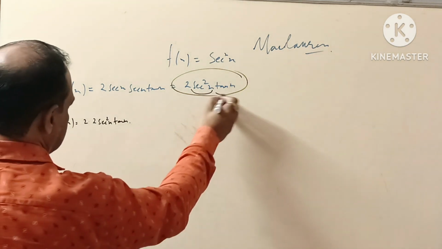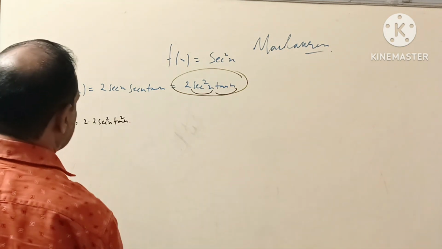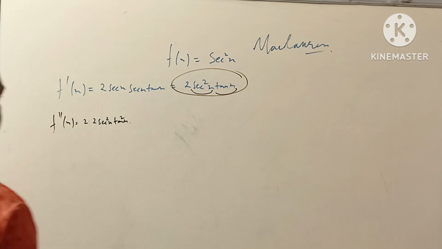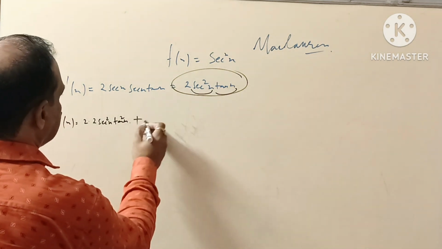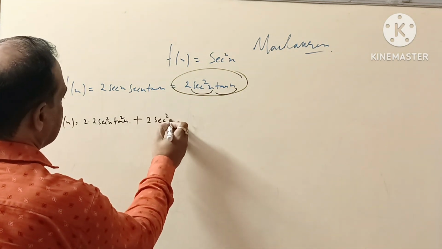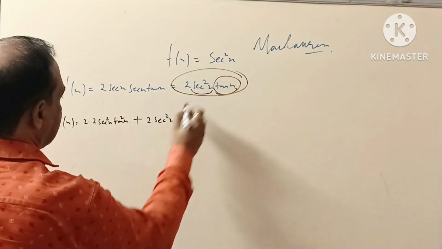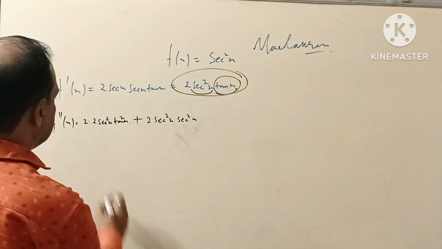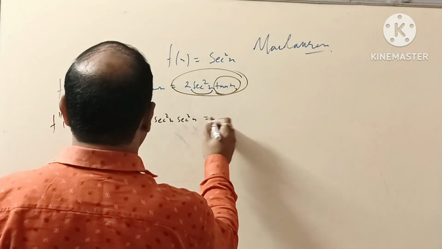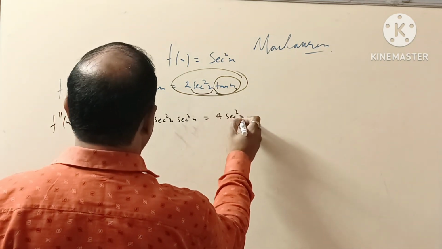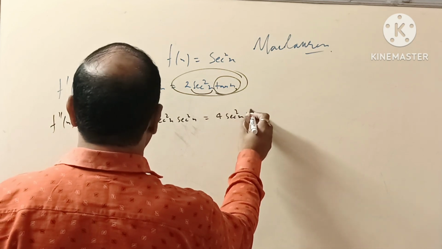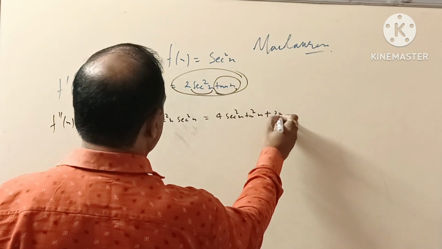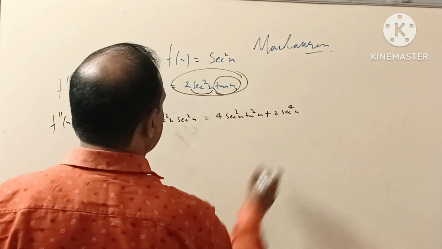Then this tan x will remain as it is, so it becomes tan square x. Okay, plus 2 sec square x, and if we differentiate tan x, it will give me sec square x. Now what we have is 4 sec square x tan square x plus 2 sec power 4 x.